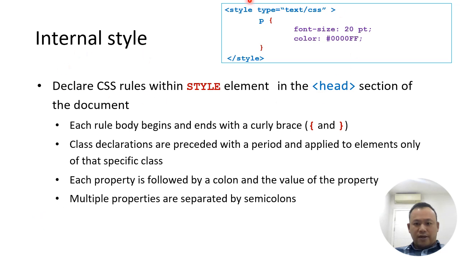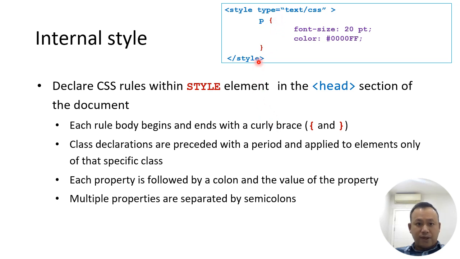For internal style, look at this. In this style, we declare the rule within the style element in the head section of the HTML document. We can see this example of declaring the rule in HTML. Each rule body begins and ends with a curly brace like this.